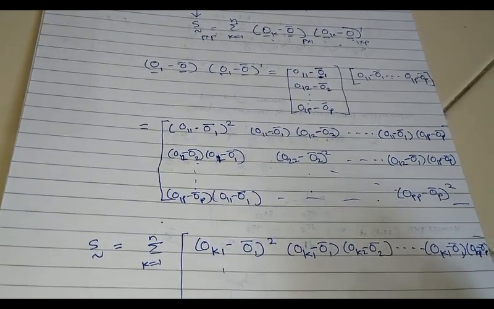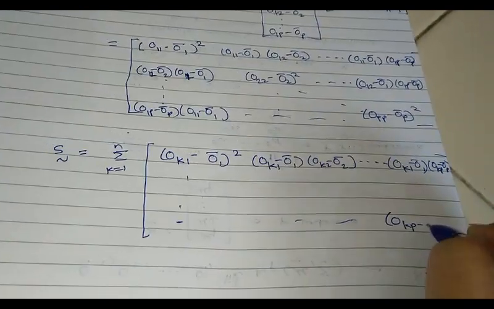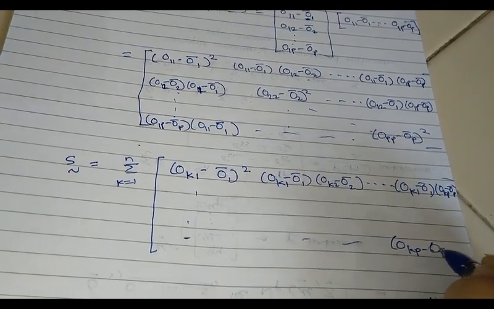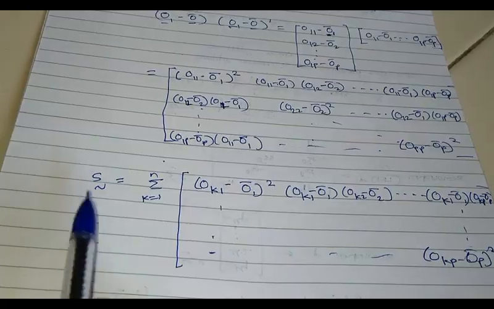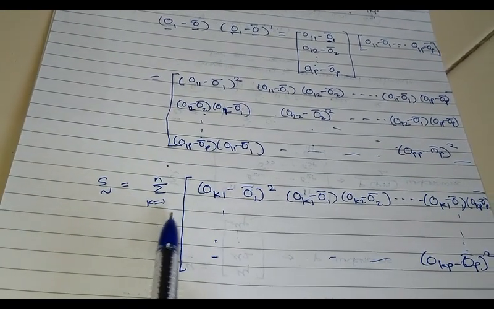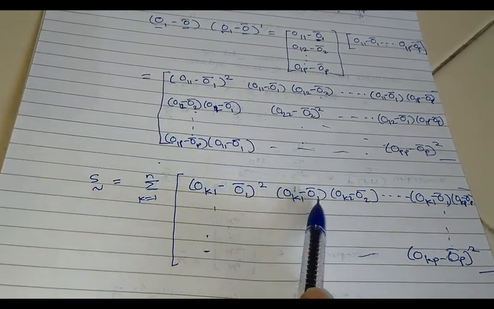The last entry would be (O_kp minus O_p bar) whole square. So this matrix is a sum of squares as well as products. Hence it is known as the corrected sum of squares and sum of products matrix, that is the CSSP matrix.